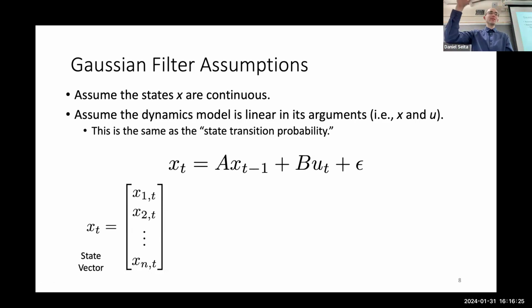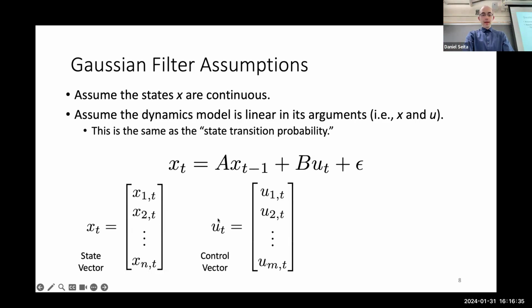That's just the components of this vector, and it has n dimensions. So think of an n-dimensional state. Then u is some kind of control vector, some kind of action vector. It could be a scalar, but in general it could be a vector as well. In general, we don't need n and m to be the same. They can be different.